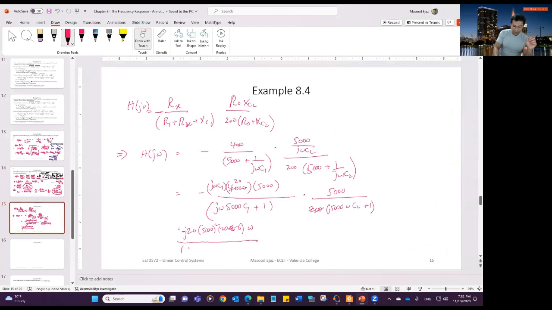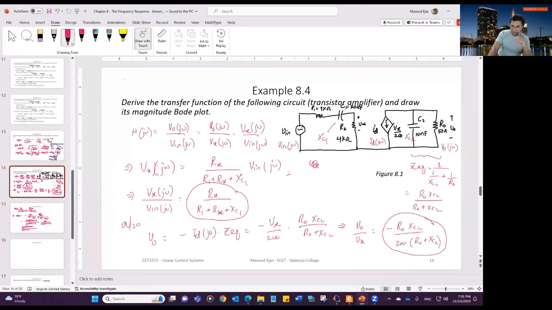So we're going to have j 0.1 omega plus 1, and 5,000 times C2. Make sure it's 5,000. These two are 5,000 and the output resistance is 5,000 as well.